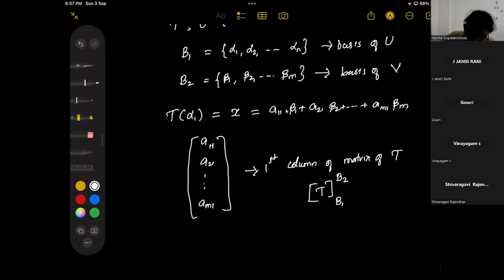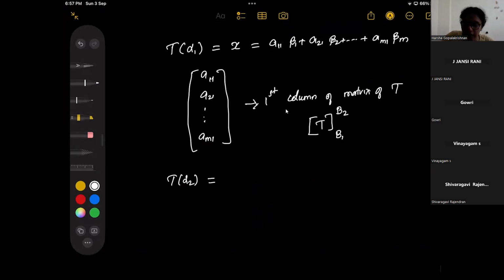Now T alpha 2 is some element. Again, we will write it as a linear combination. T alpha 2 is an element in V, so we will write it as a linear combination of the basis B2. So A12, A22 beta 2, plus etc., AM2 beta m.